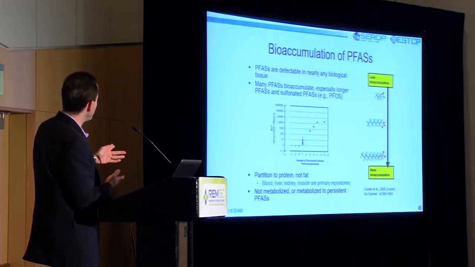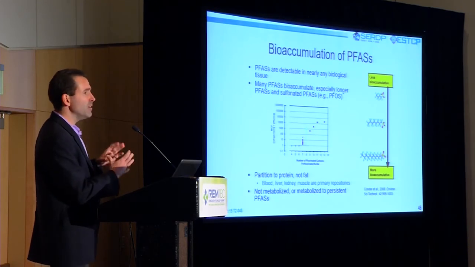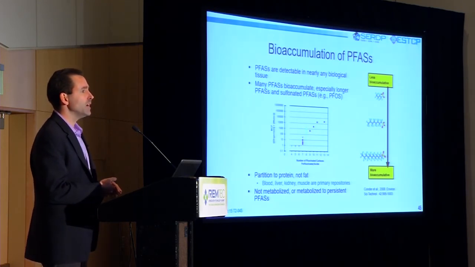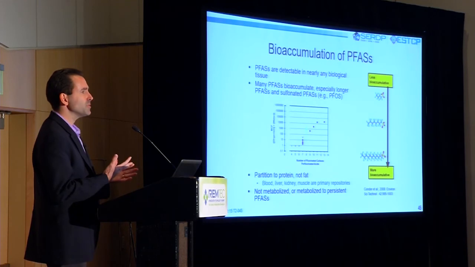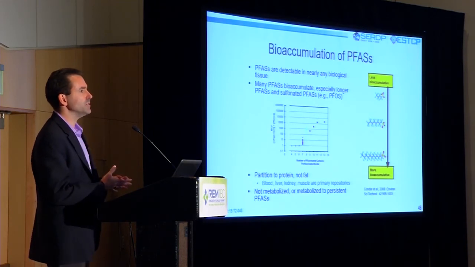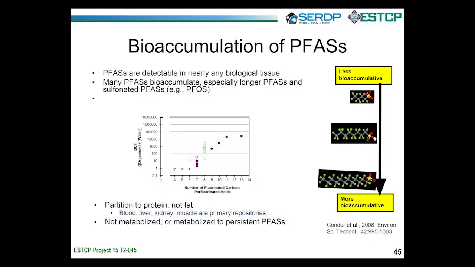Many of the PFASs bioaccumulate. As you can see there, I plotted a small figure from some work we did back in 2008, looking at the bioaccumulation of these compounds in fish and aquatic animals. What we found is that the longer the acid, and we're looking at PFOS, PFOA, and those similar acids, the more bioaccumulative it became.